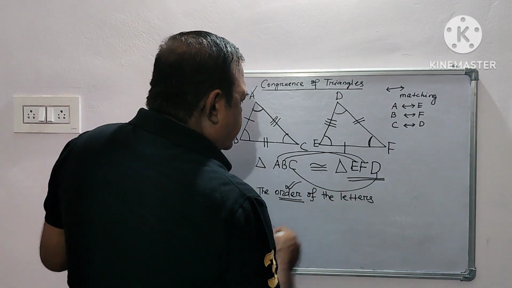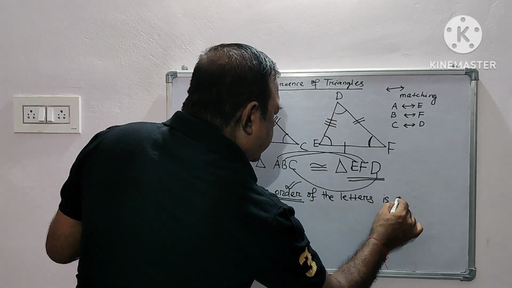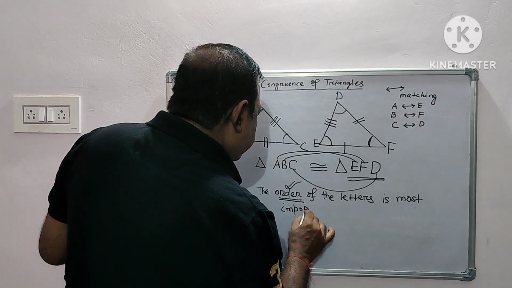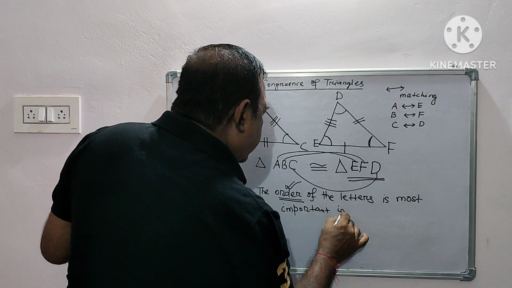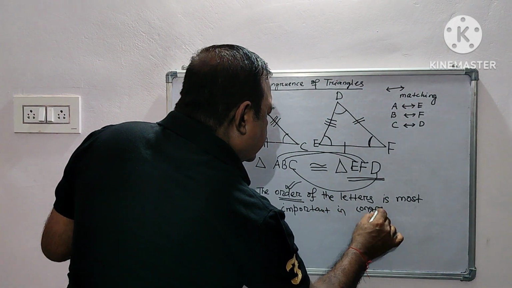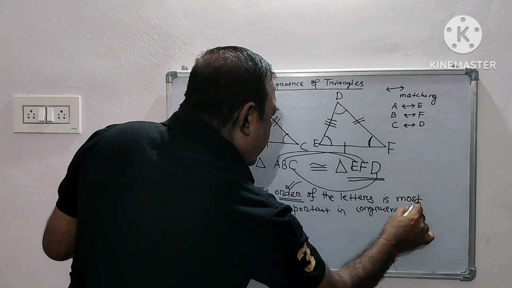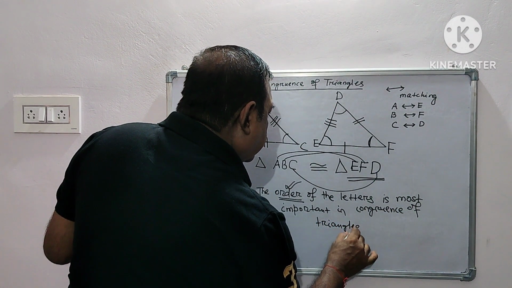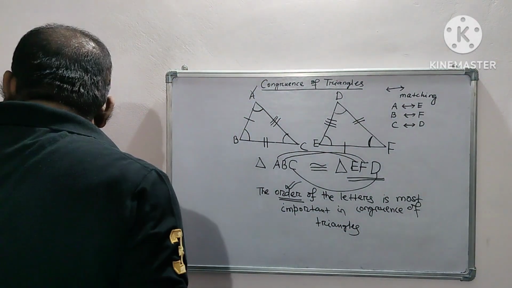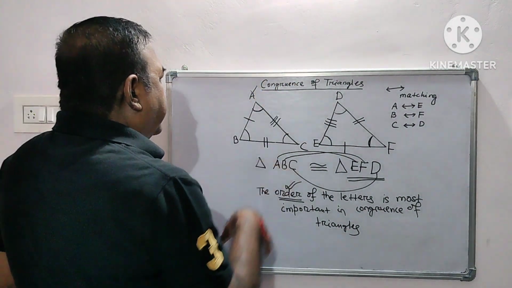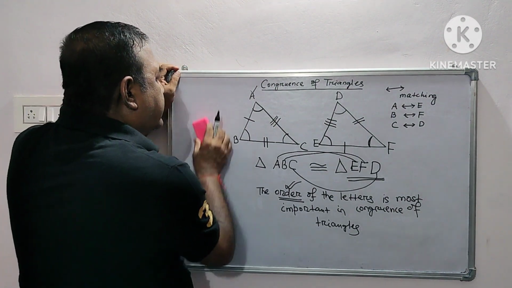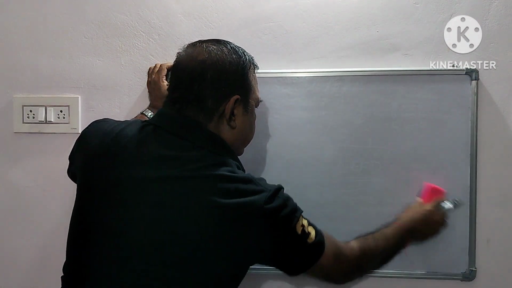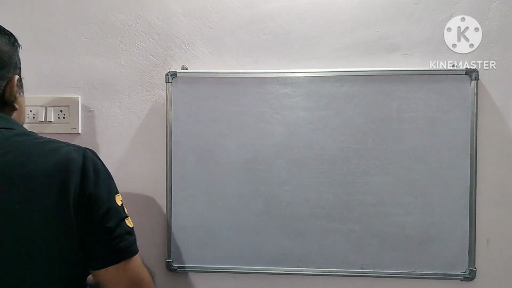The order of the letters is most important. We cannot ignore it in congruence of triangles. So you should remember all these. Just I erase it. Then we will move to different congruence conditions.